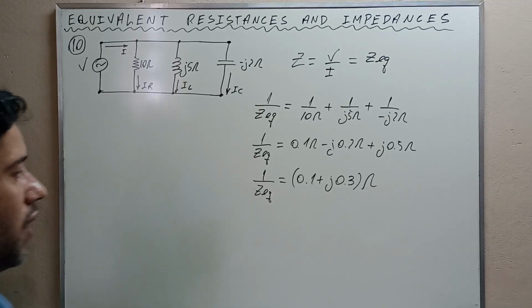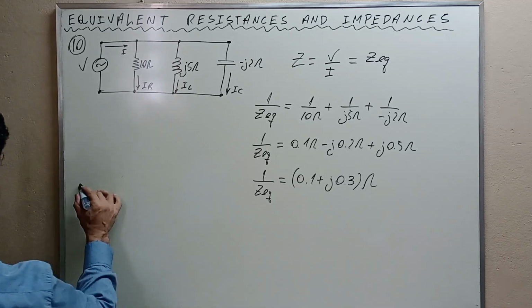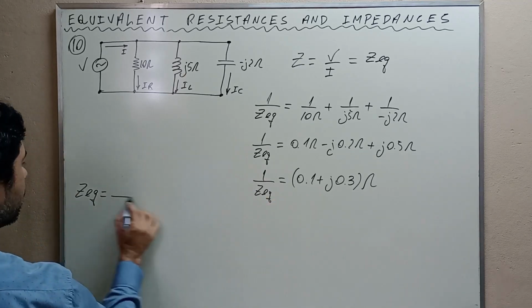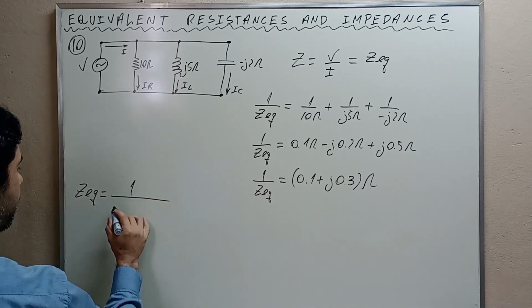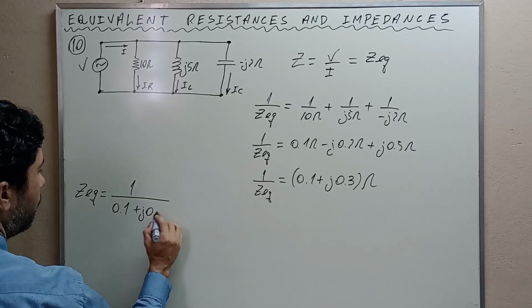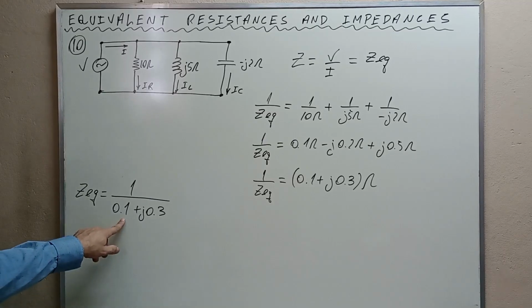We want the equivalent impedance, and then the equivalent impedance will be the inverse of this, 1 over 0.1 plus J 0.3. However, the complex number is in the denominator.